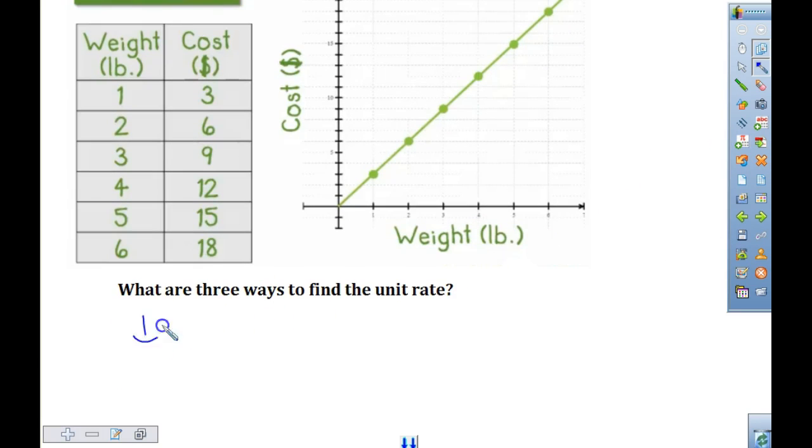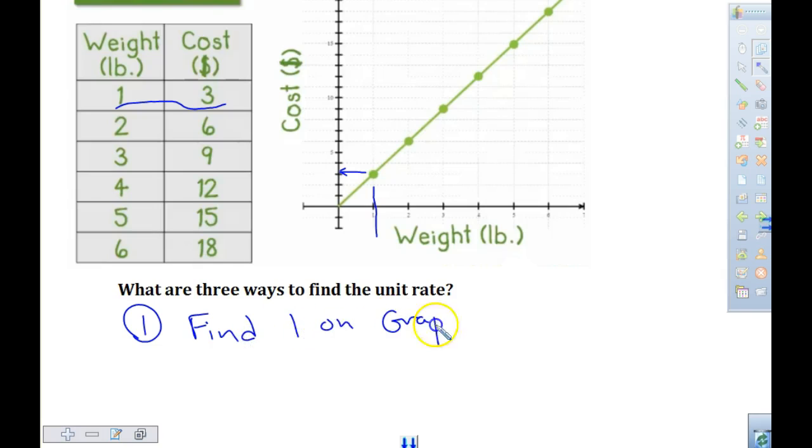They just told us the first way. They said you look at the 1 here, and you look at what number it gets to. So the first and easiest way to find the unit rate is to find 1 on the graph or your table. And this is always for your independent variable, the x.